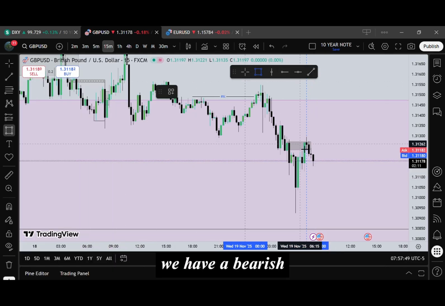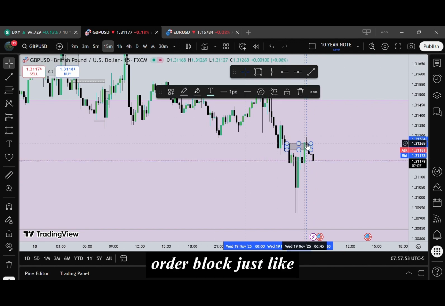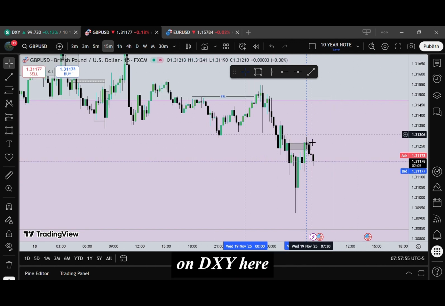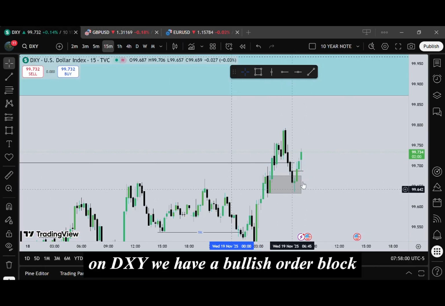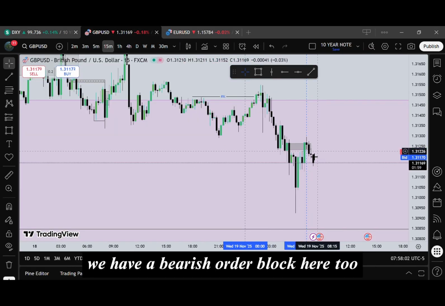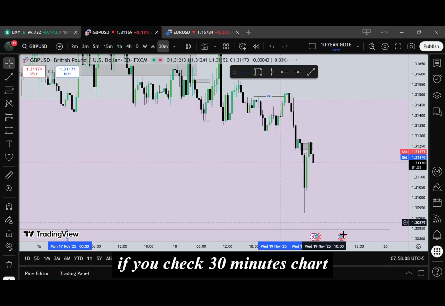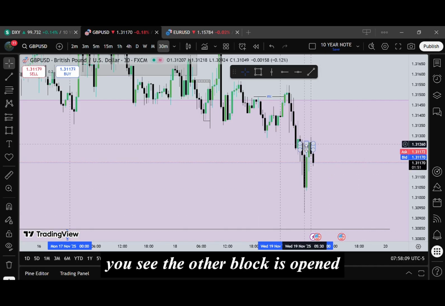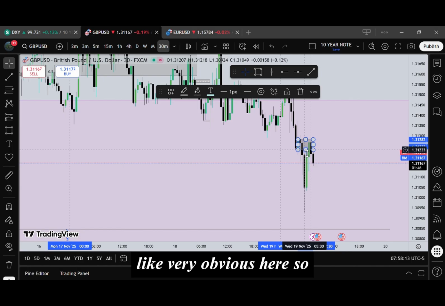We have a bearish order block, just like on DXY. Here, on the 15 minute, we have a bullish order block. We have a bearish order block here too. Market reached up to that point. It started going lower. If you check 30 minutes chart, you see the order block is obvious.